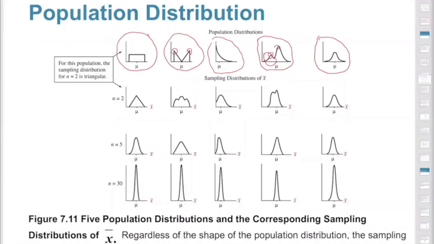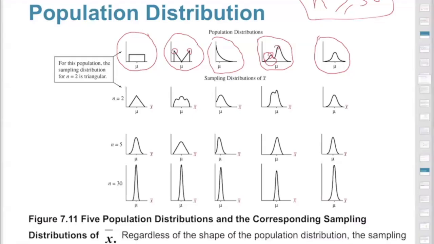As I said, the Central Limit Theorem has a very important condition: to have the sampling distribution of X bar normally distributed, you have to have n greater than or equal to 30 observations.